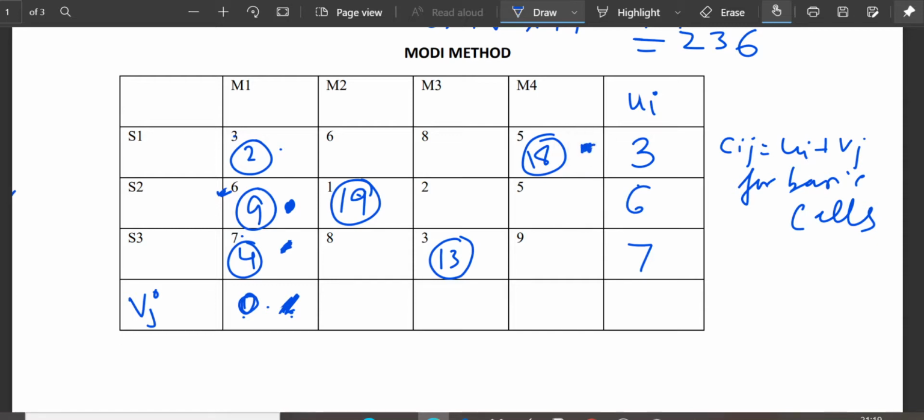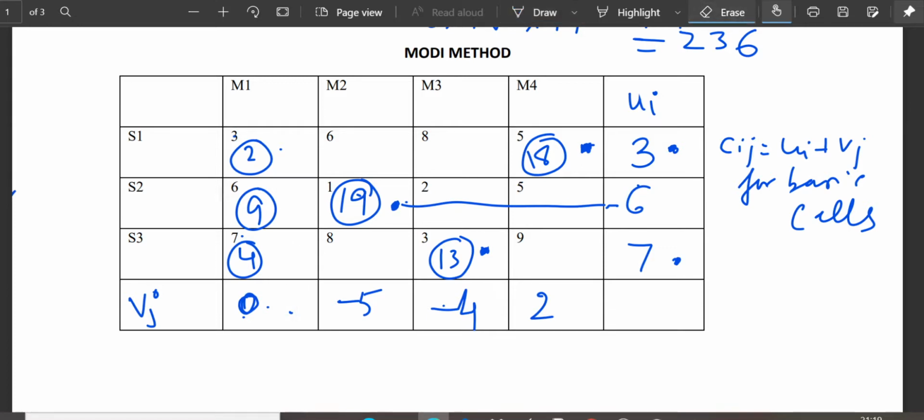Here the cost is 5, the corresponding ui is 3, so 5 minus 3 is 2. Come to this cell of 3. 3 is the cost, the corresponding ui is 7, so 3 minus 7 is minus 4. Come to this 1. Cost is 1, the corresponding ui is 6, so 1 minus 6 is minus 5. So the corresponding vj is minus 5 here.